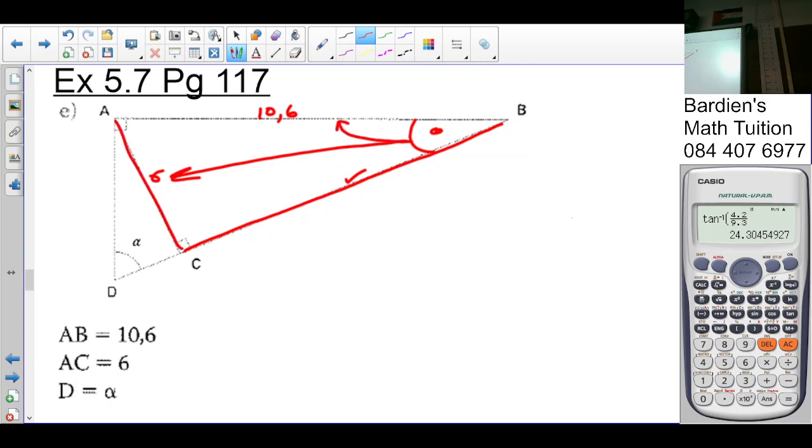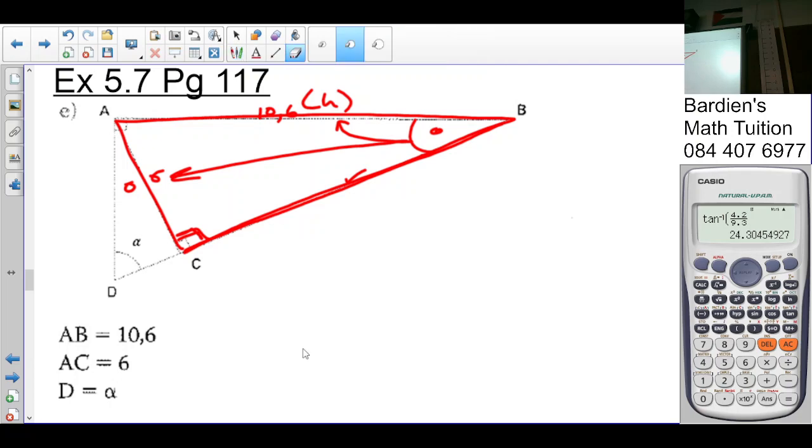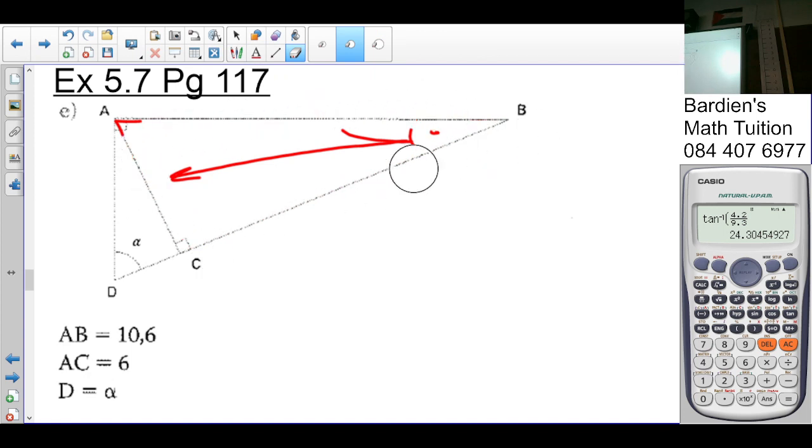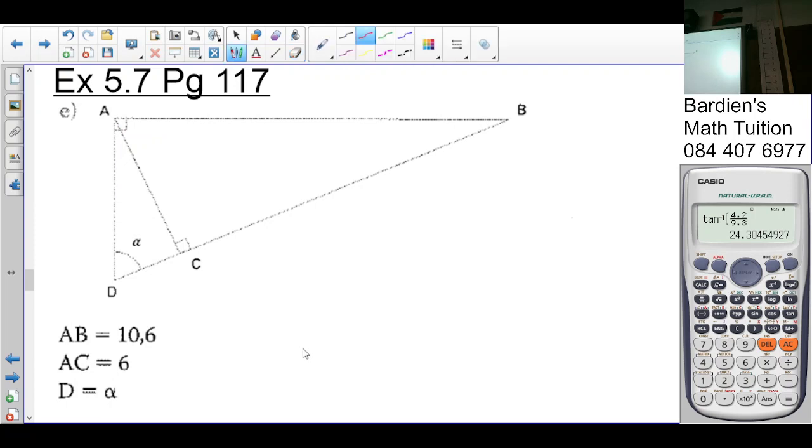Adjacent. Remember, this is your triangle we're referring to. No. There's your 90. So you have your opposite and your hypotenuse. Can you see that? So I don't need CB. Okay? And if I have angle B, I will not be able to work out theta or alpha in this.